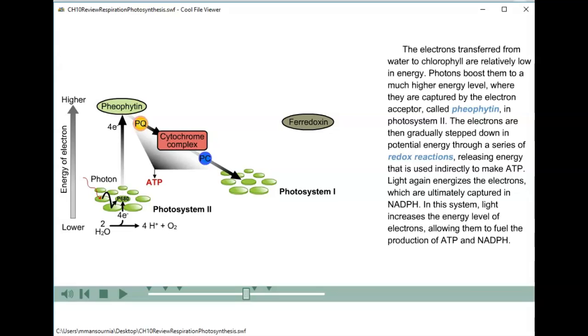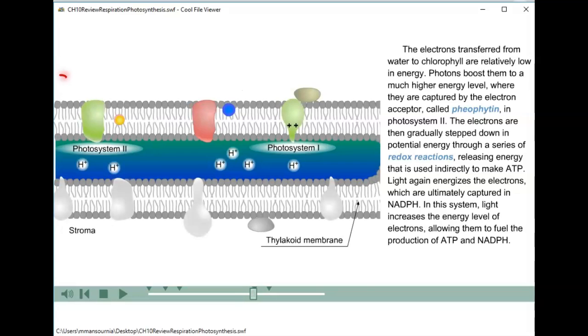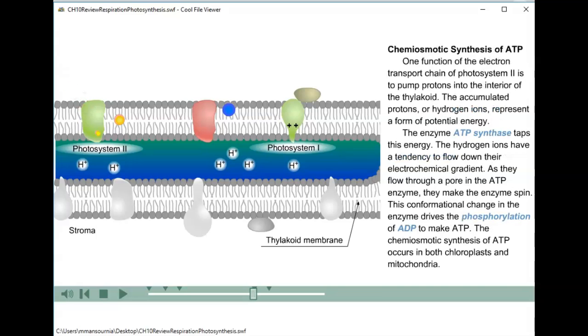The electrons are then gradually stepped down in potential energy through a series of redox reactions, releasing energy that is used indirectly to make ATP. Light again energizes the electrons, which are ultimately captured in NADPH. In this system, light increases the energy level of electrons, allowing them to fuel the production of ATP and NADPH.